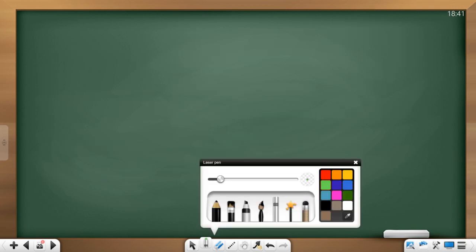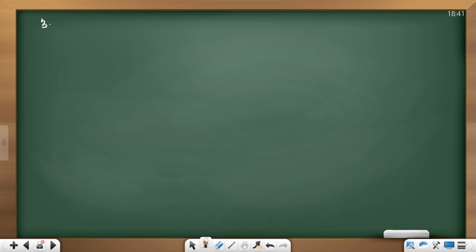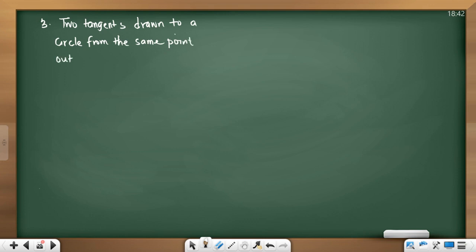Number three, when it comes to tan, we would have a summary of this. This one as well, we don't need to prove, we just need to know it. All right, two tangents, that's the theorem. Two tangents drawn to a circle from the same point outside the circle are equal in length.